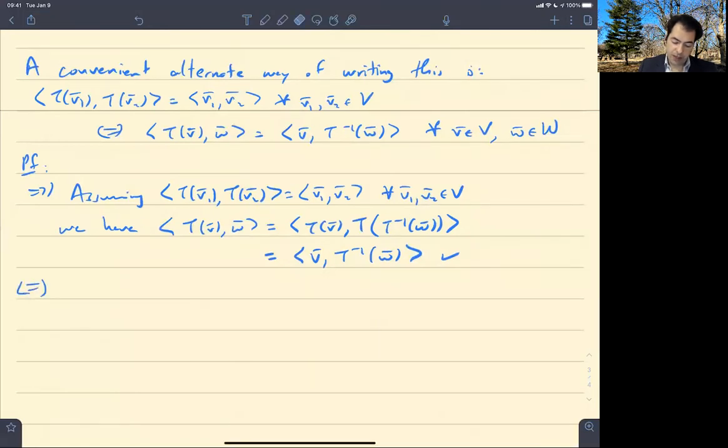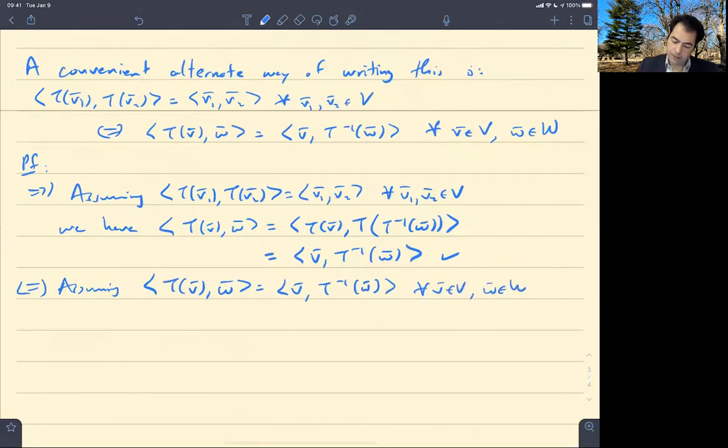And similarly for the opposite direction, if we assume that the inner product of T of V with W is equal to the inner product of V with T inverse of W, then let's say you have T of V1 and T of V2, and you're taking the inner product. Well, T of V2 is a W, right?